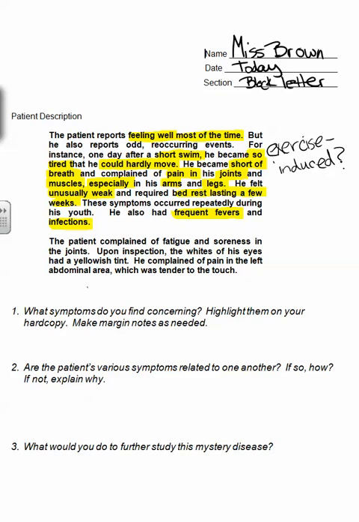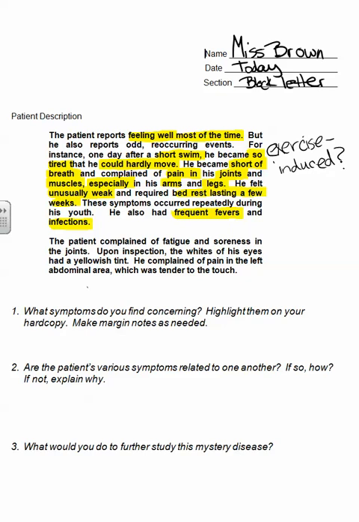This whole experience may be something that is caused by exercise for this individual. Of course, that's not what we would expect, so there is some underlying cause for this. The other problem, though, is the fevers and infections, and those are not necessarily related to the exercise, so that's something I have to keep in mind.